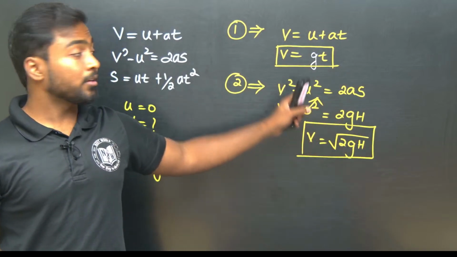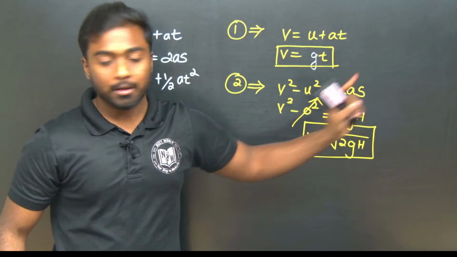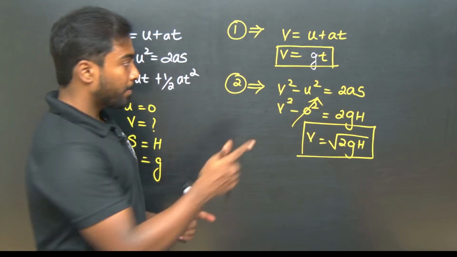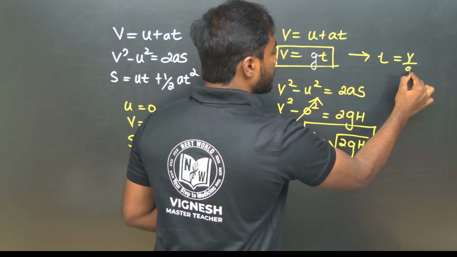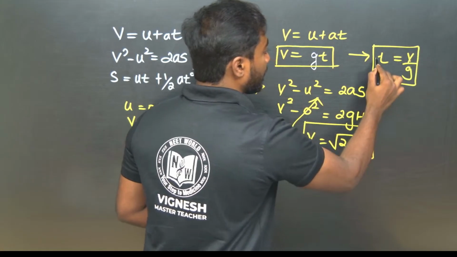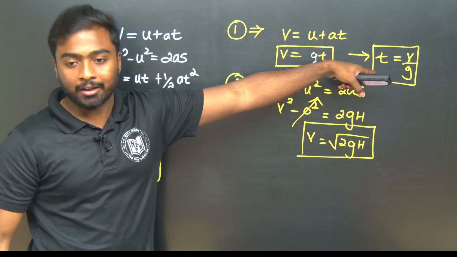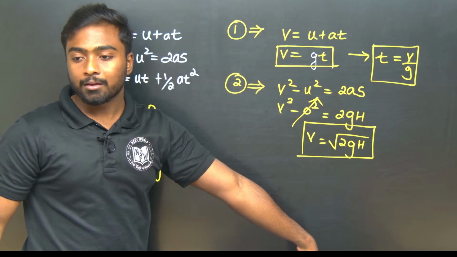What is the velocity in terms of t? v is equals to gt. Okay, done. If I want to find the time, what is t? t is equals to v by g, the final velocity by gravity, from this equation.